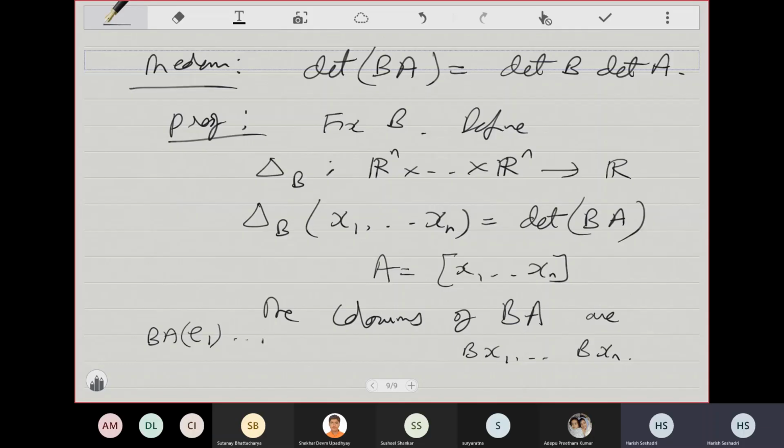calculating things like this: BA e1, ..., BA en. These are the column vectors. But this is the same thing as B of Ae1, which is Bx1, ..., B of Aen, which is Bxn. So that's how you get this.